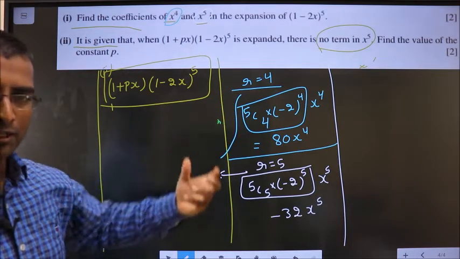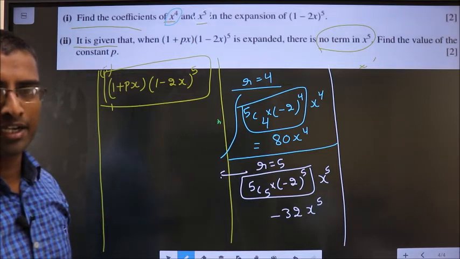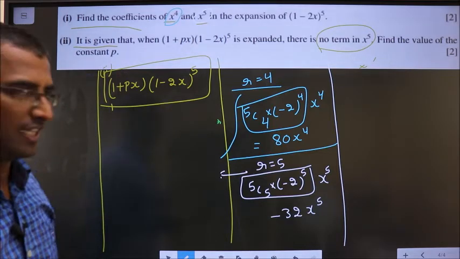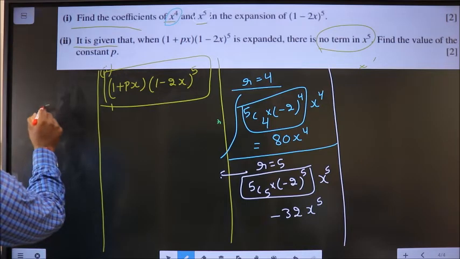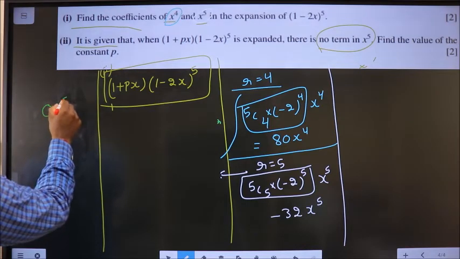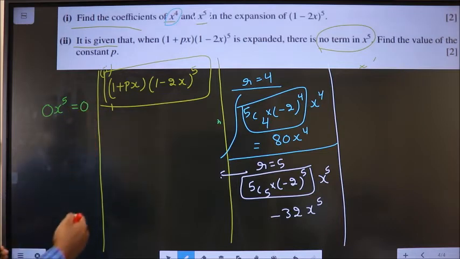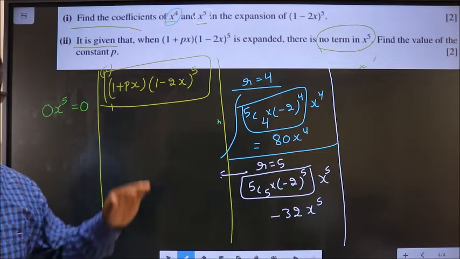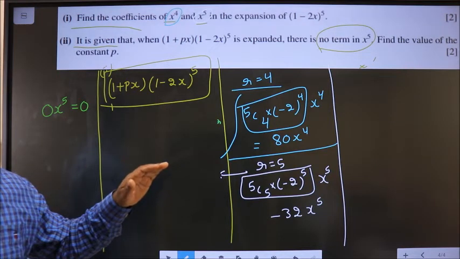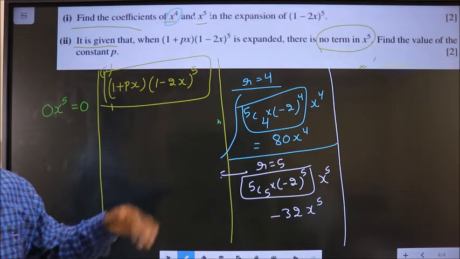And how do you make sure that x power 5 does not exist? Only one way. If there is 0 before x power 5, 0 times x power 5 is 0, that's how I make sure that x power 5 does not exist. Clear? No term in x power 5 means before x power 5 there should be 0.